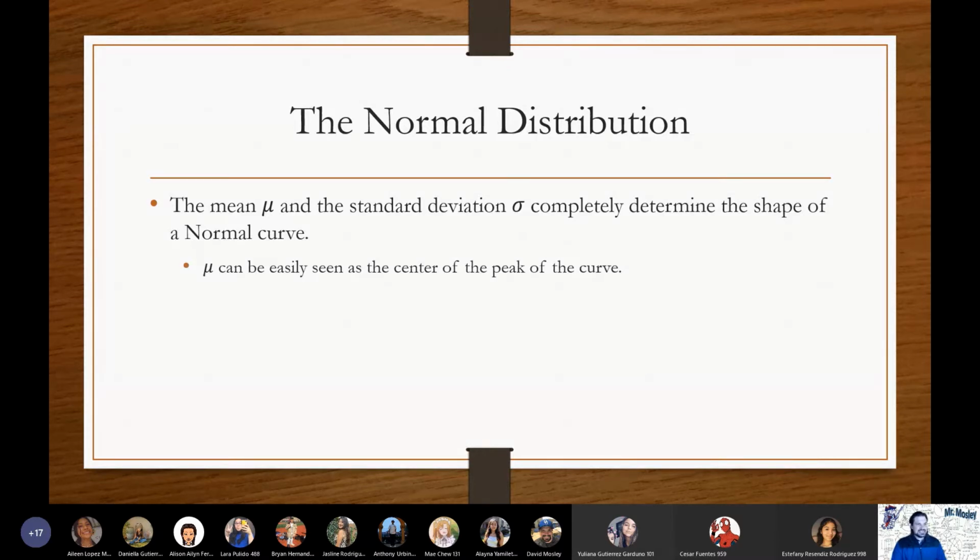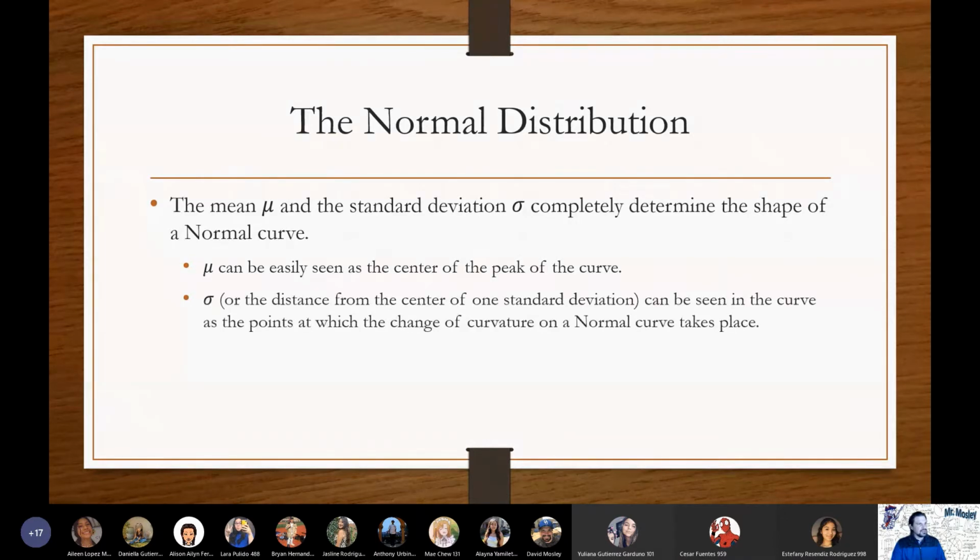If I have those two pieces of information, I can draw the curve. Mu can easily be seen as the center of the peak of the curve. Sigma, or the distance from the center of one standard deviation, can be seen in the curve as the points at which the change of curvature on a normal curve takes place. We're not going to have to calculate when that takes place.